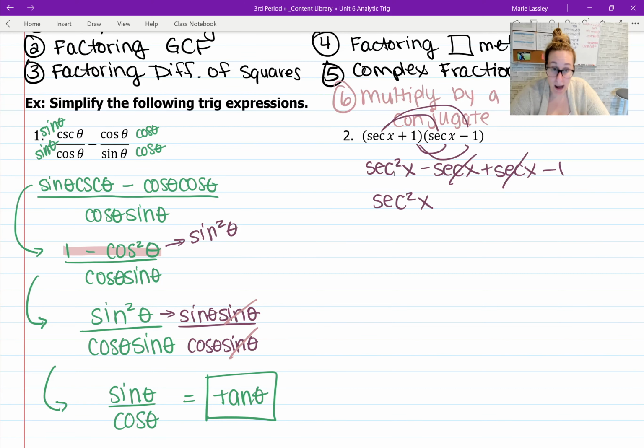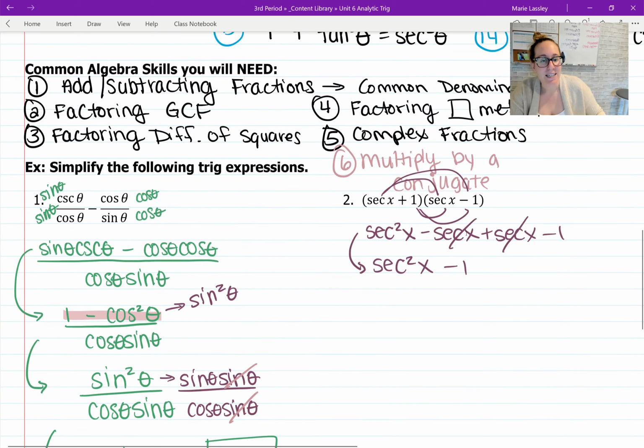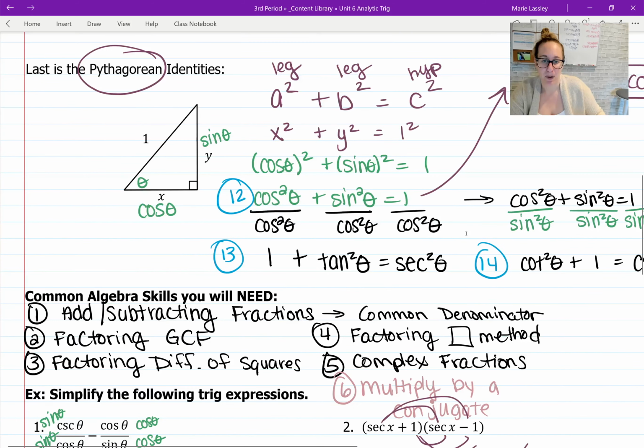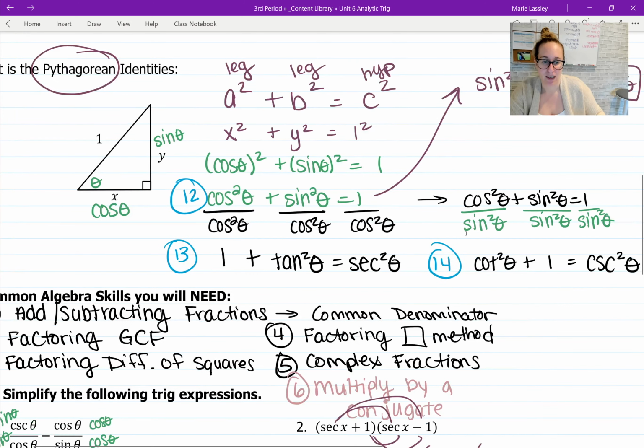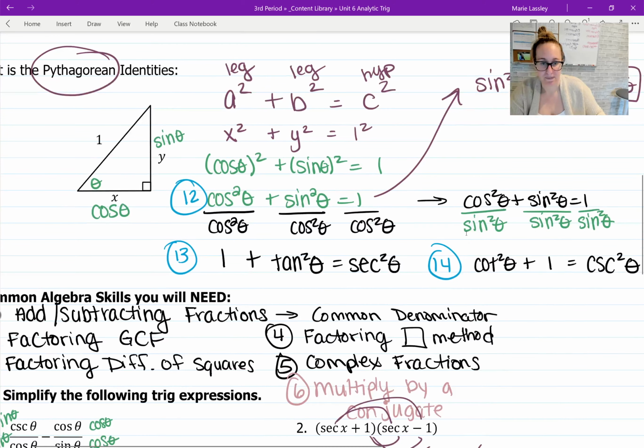All right, well, that's not an identity, but it's close to one. So if we take a little journey, the key thing here is if you see something squared and there's a 1 with it, it's probably one of these Pythagorean identities. All right, so we have secant squared minus 1. Well, look at number 13.